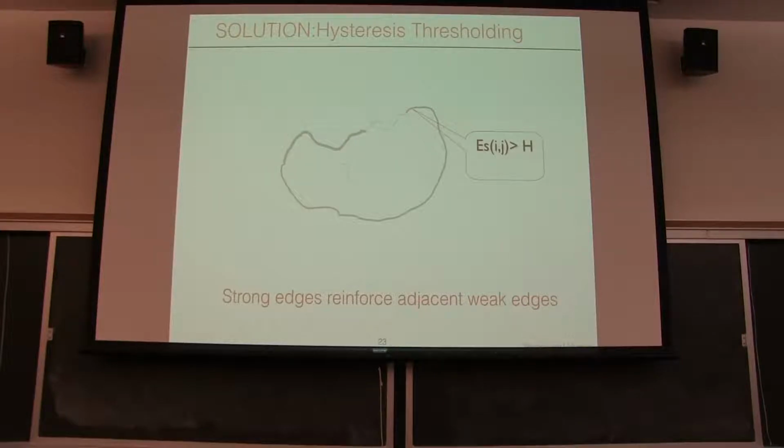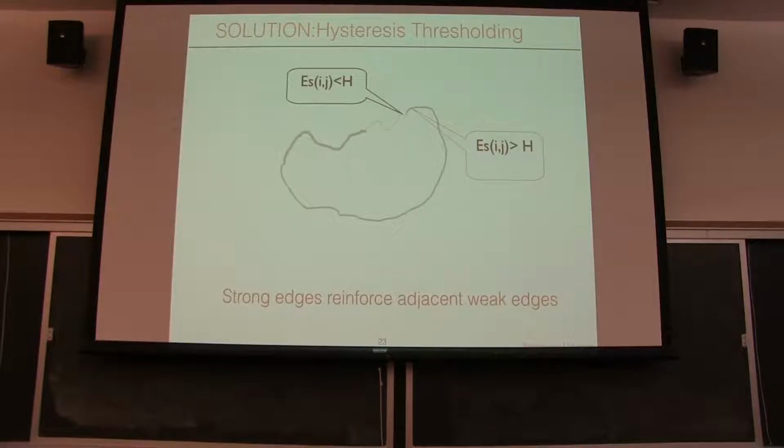Okay, so they're high enough that if I pick a threshold H for high, they will survive. They will become edges. Okay? Now, this guy over here is less than H, so I will lose that. Okay? So instead of having my closed thing, I will have the gap.